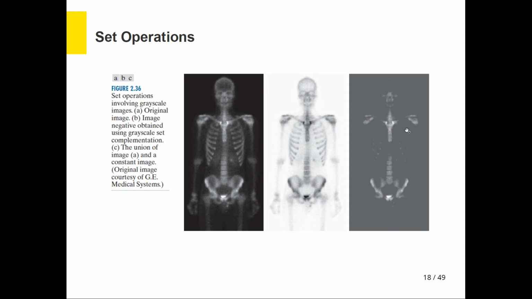And the last column shows the result of the union of image A, this one, with a constant image. So anywhere the intensity values were larger than that constant image, we keep those intensity values intact, but anywhere the intensity values of the image were less than that constant value, we put the value of the constant image.